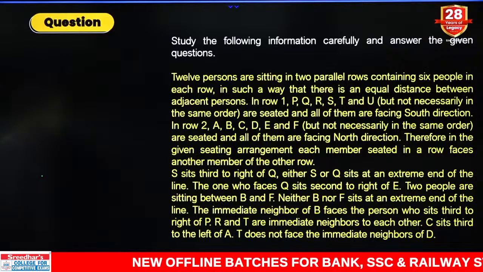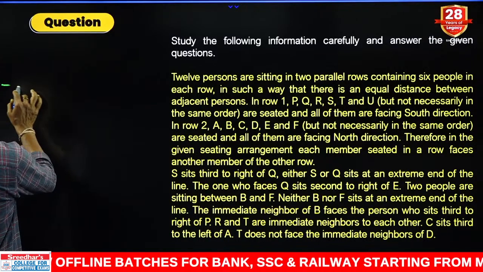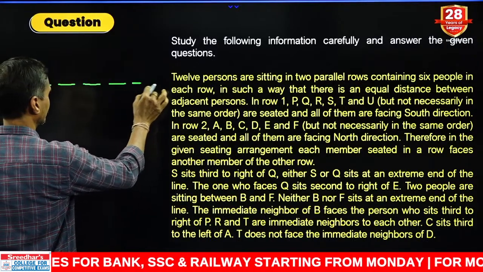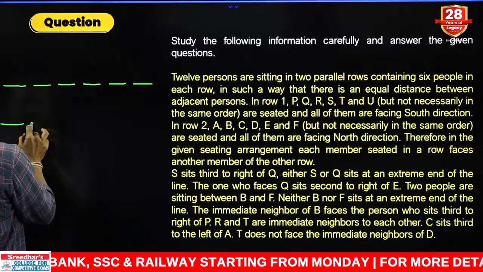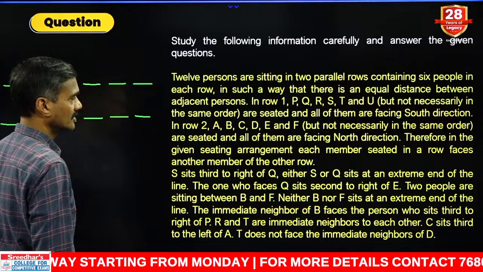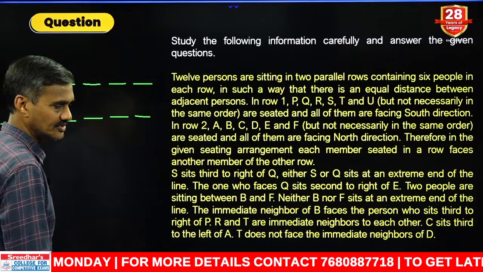Now coming back to this one. Now here how many persons are there? 12 persons were there. Now 6 persons in one row and 6 in the other row. Isn't it? Now tell me who are the persons in the row which is facing towards south. Row 1, P, Q, R, S, T and U, and all of them are facing towards south.